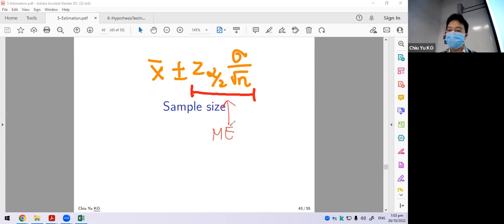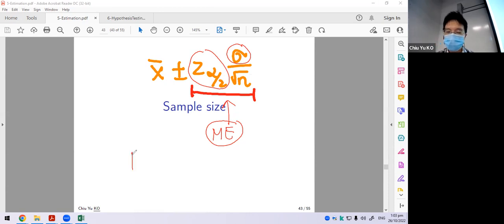This is the margin of error, how accurate you want. Here you can see this is independent of our sample, and this also is independent of our sample. The only thing you can see is that n and ME are inversely related: the higher the ME, the lower the n, or the lower the ME, the higher the n.